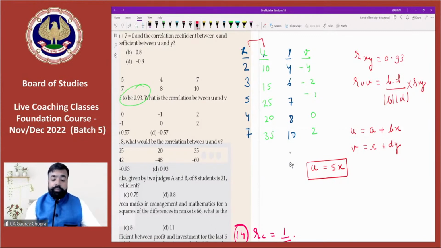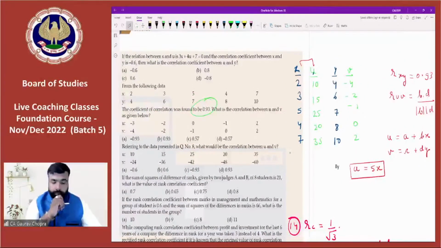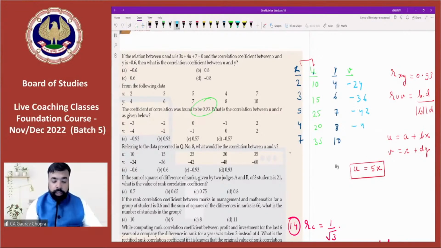Similarly, we can find the connection between Y and V. Okay, we have written the values of V for question number 8. Let us write the values for the ninth also. Ninth was -24, -36, -42, -48, -60. So these are the values.